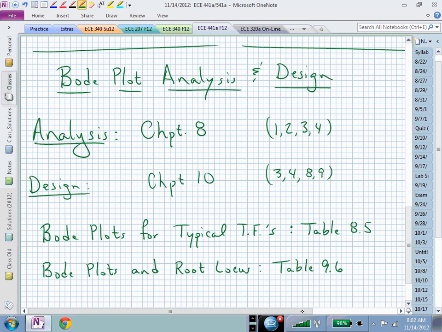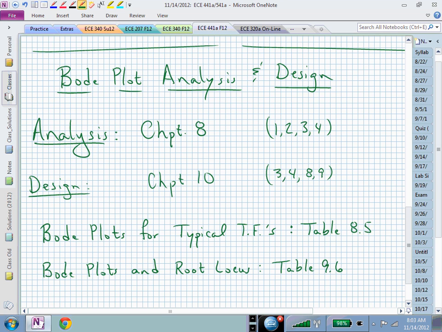Relative to Bode plots, I'm not necessarily going to spend a lot of time on figuring out how to sketch those Bode plots. That will be up to you, and that's in Chapter 8, where these first 4 sections are the main sections dealing with how you sketch and learn a little bit more information about Bode plots as far as a frequency response. Chapter 10 is the design chapter. We've already been there with Root Locus.